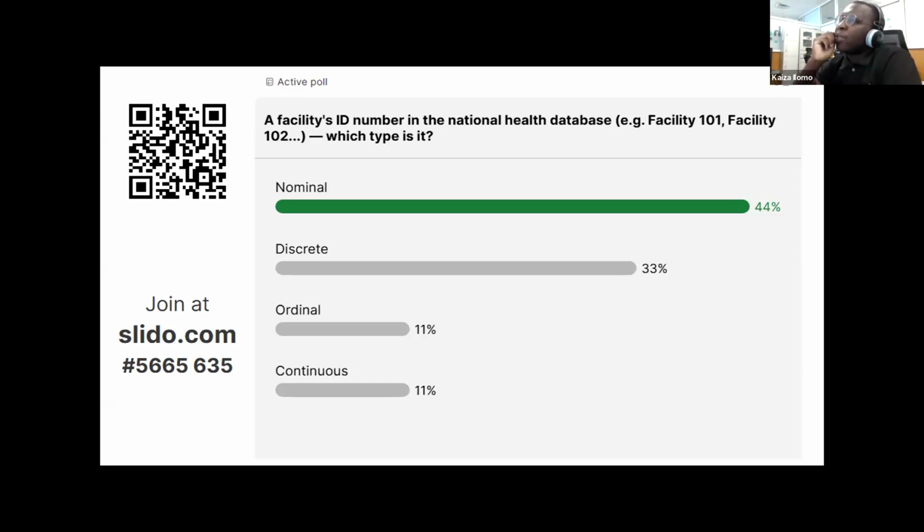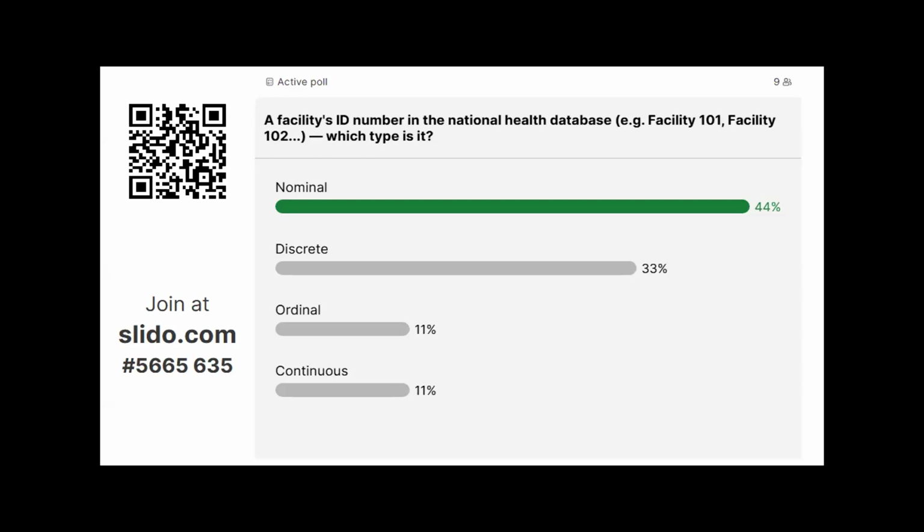So I personally chose nominal because I think the IDs in a database are categorical, it's just that the number of categories is so large. That's what I think. Hello.